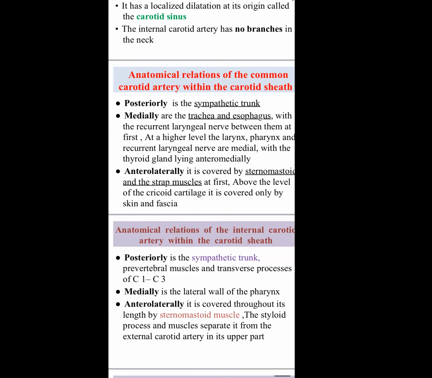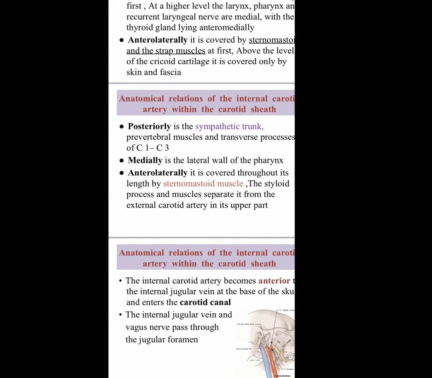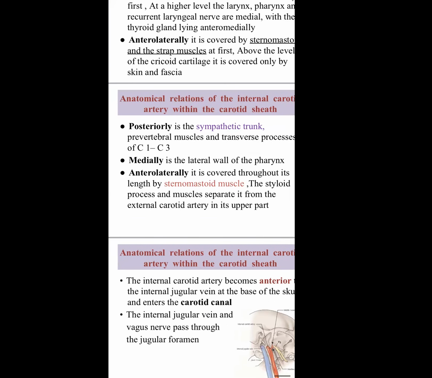Now, the anatomical relations of the internal carotid artery within the carotid sheath. Posteriorly, there is the sympathetic trunk, perivertebral muscle and the transverse processes of C1 to C3. Medially is the lateral wall of the pharynx. Anterolaterally it is covered throughout its length by sternocleidomastoid.